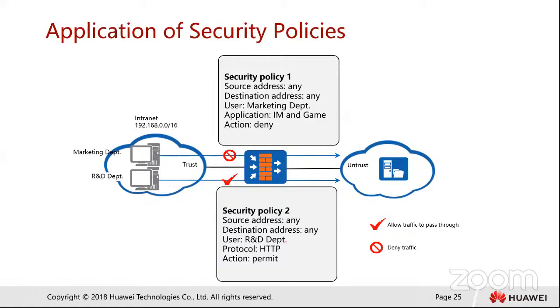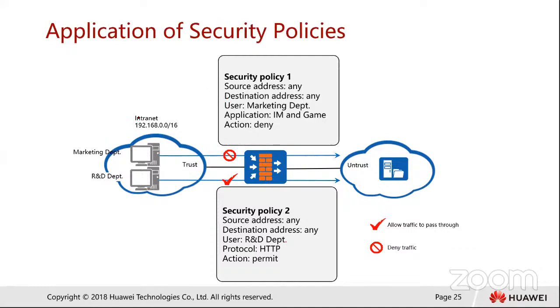Remember, we are also adding an application header part on top of our quintuple. So we can tell whether it's web, instant messenger, a game, or Zoom. And if they're using the same protocol such as HTTP, we can also use ports to distinguish. So we inspect content security and also block viruses and hacker intrusions for better protection of our internal networks.